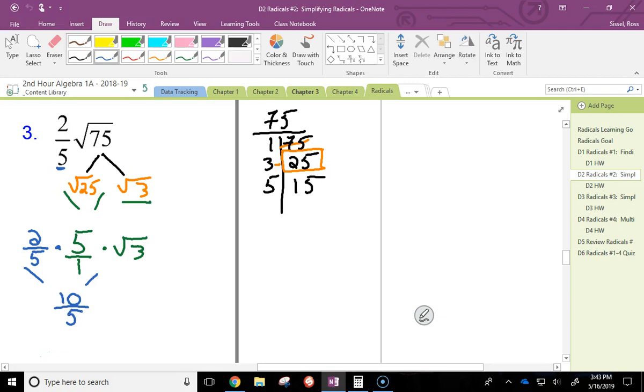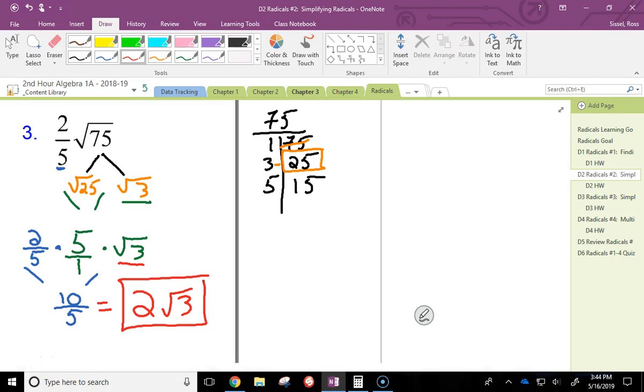Before I do anything else, I notice this can be simplified. 10 divided by 5 is equal to 2 whole. I still have this times the square root of 3. So there's my work. The 2/5 times the square root of 75 will simplify down to 2 times the square root of 3.